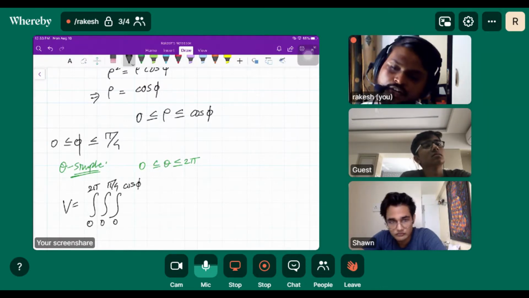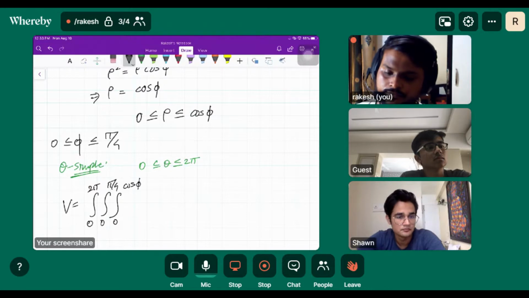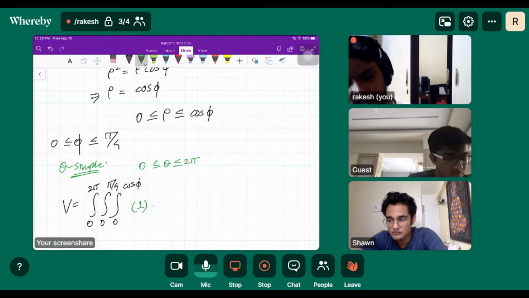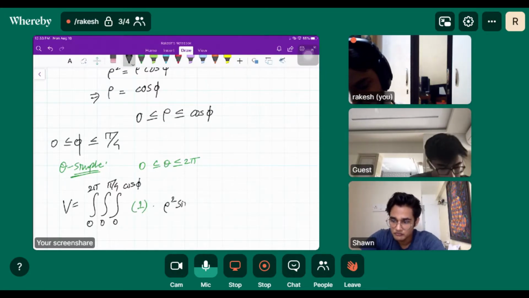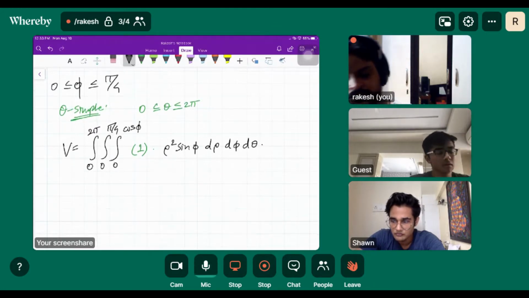To find the volume, what function should we write? 1. Very good. So 1, and then rho square sine phi d rho d phi d theta. Okay. Now please integrate this and let me know the answer.